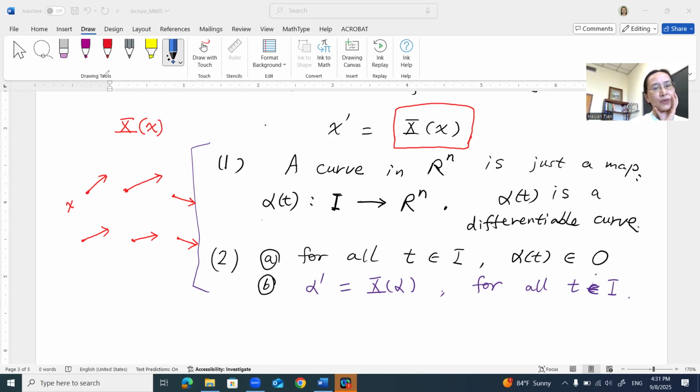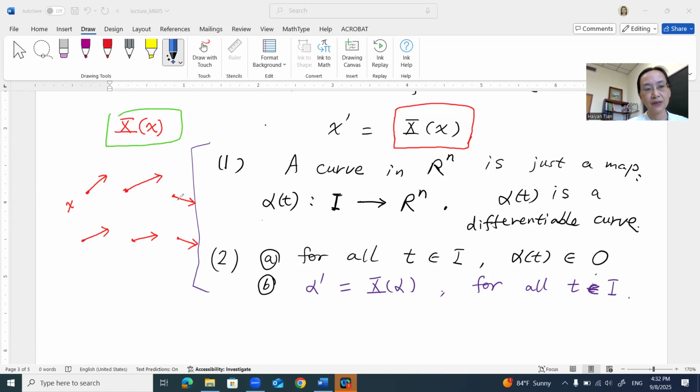So for the vector field, let's try to imagine a curve. The curve will be the x whose rate, that means the derivative of x, will agree with the vector field.